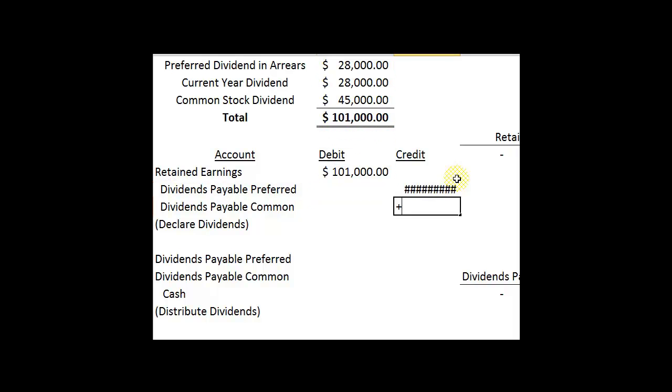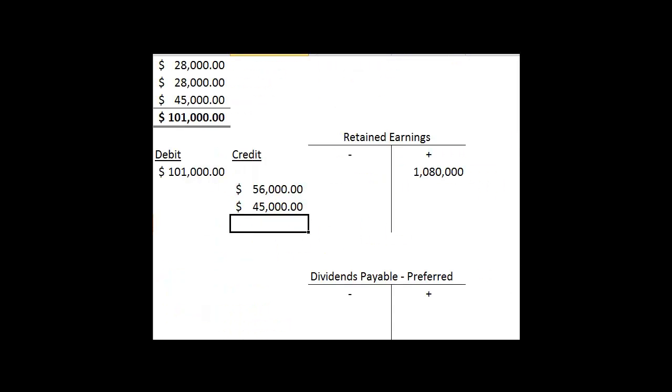And then I'm also going to credit dividends payable for common stock, and that's the journal entry to declare the dividends. I've shown you over here what the T account would look like and why we actually debit retained earnings. A dividend is a distribution of profits that have been previously earned by a corporation, and so by debiting retained earnings, we're taking some out. So the T account would look like that after that journal entry.